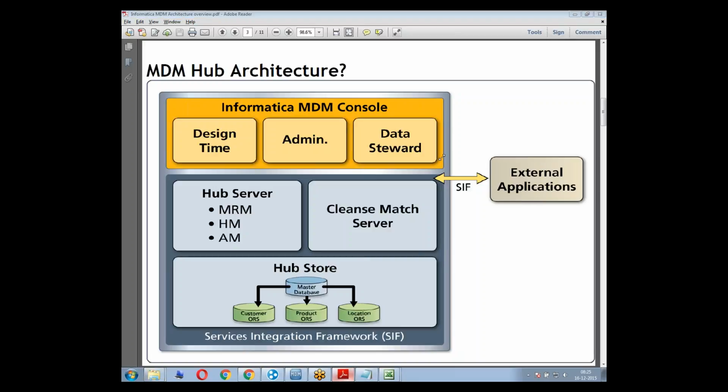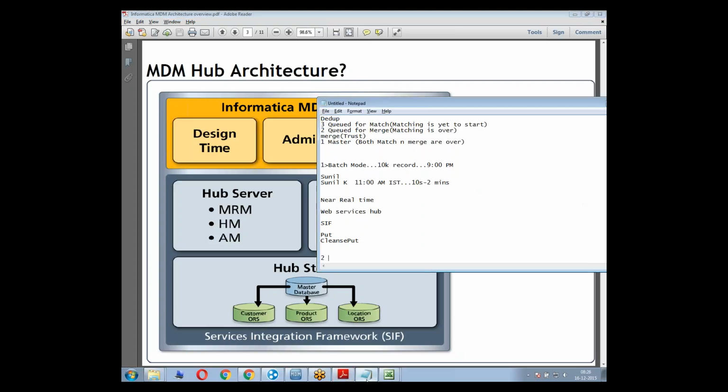So, MDM architecture. Again, this is the MDM architecture, but here we'll try to understand how things are designed, how it is done on an admin level. On an admin level, Informatica is called a three-tiered architecture.